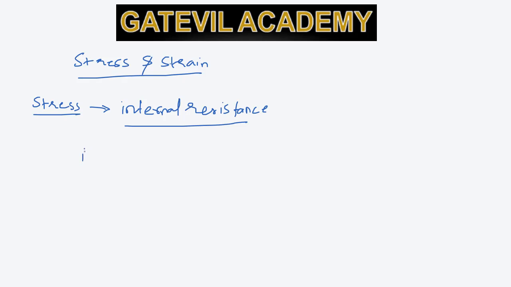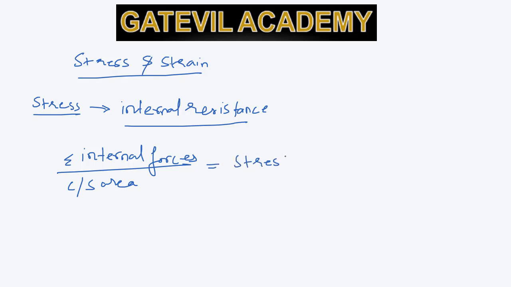So the addition of these internal forces divided by the cross-sectional area on which these internal forces are acting is nothing but stress. Stress is denoted by the symbol sigma.